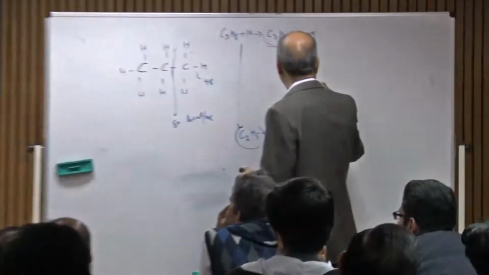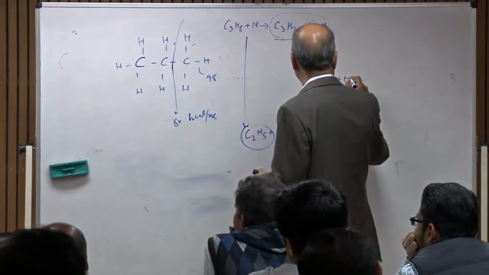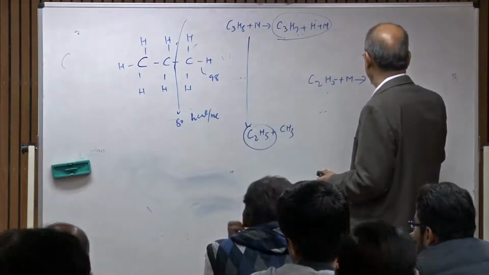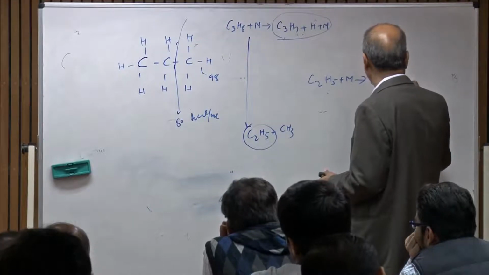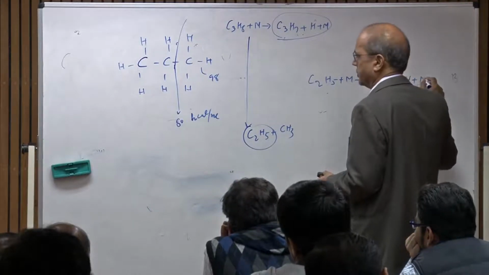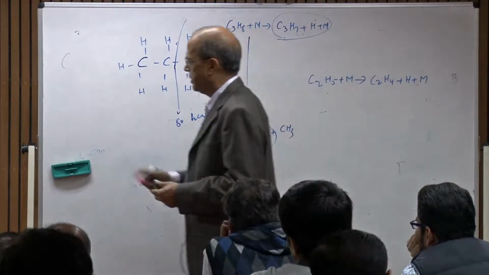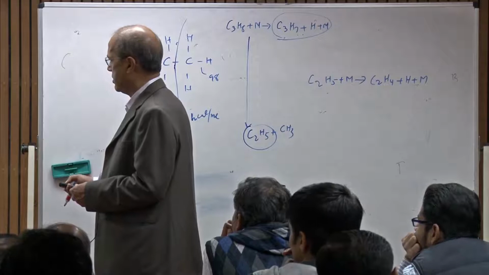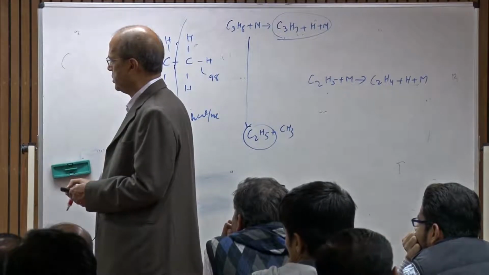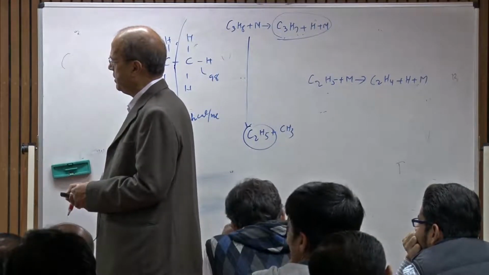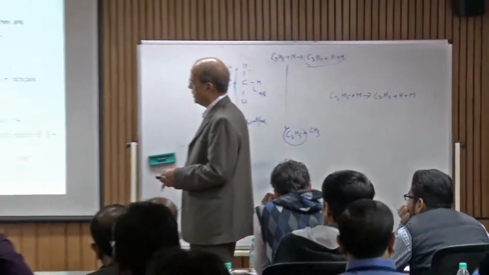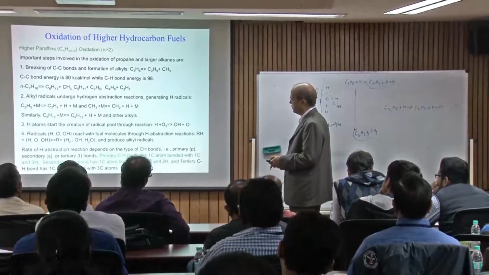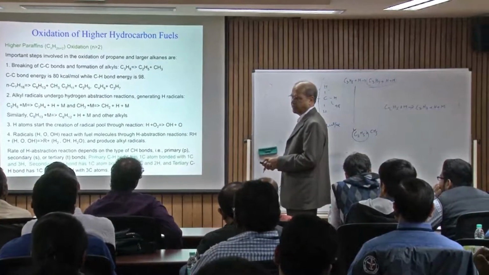So C2H5 reacting with them. So now you break CH bond. So this gives you alkyls. Similarly, CH3 will give you CH2. And for heptane, I'm writing for both propane and heptane. So heptane you had C6H13, so this will give you also alkyls, for larger alkyls.